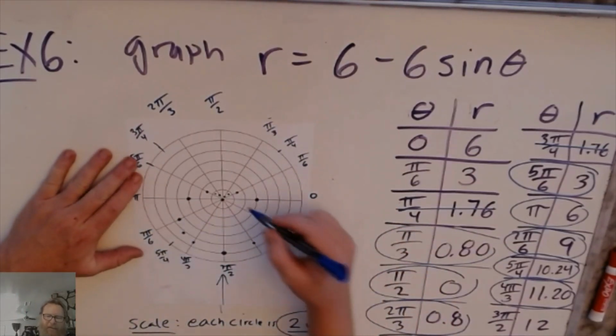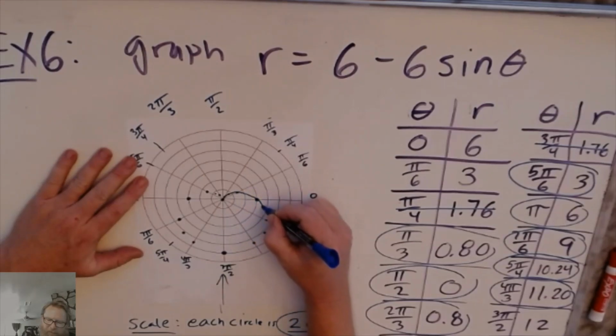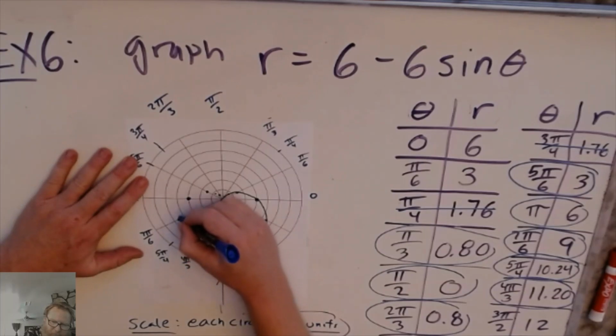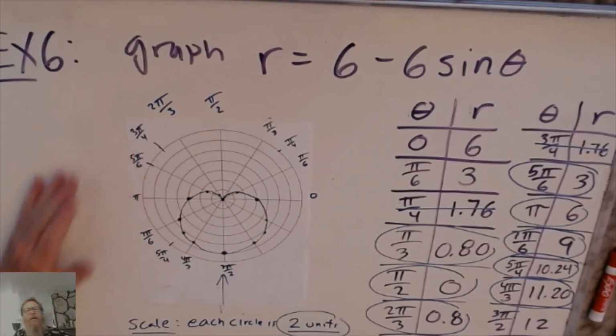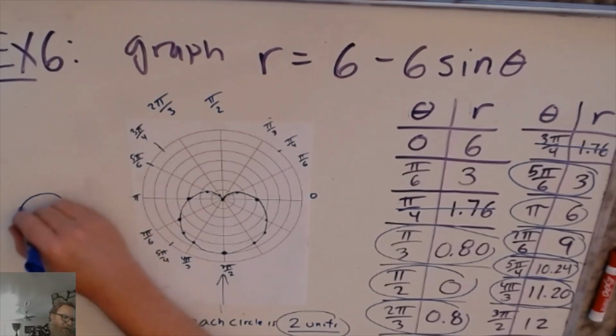So everybody has sort of a partner on the other side of the fence. And there's your graph. It kind of looks like a heart.